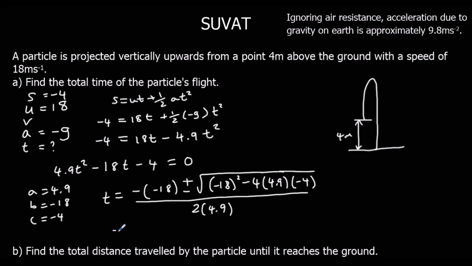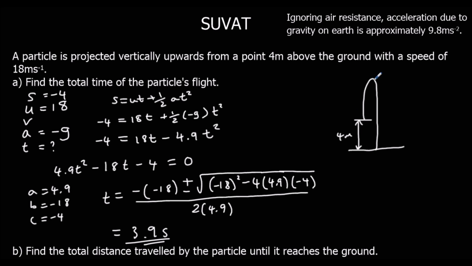So we just type it into the calculator and we'll see what we get out. So we get out 3.9 seconds, and I'm guessing the other answer will be negative, or negative 0.21 seconds. We can't have the negative time, so the answer is 3.9 seconds.